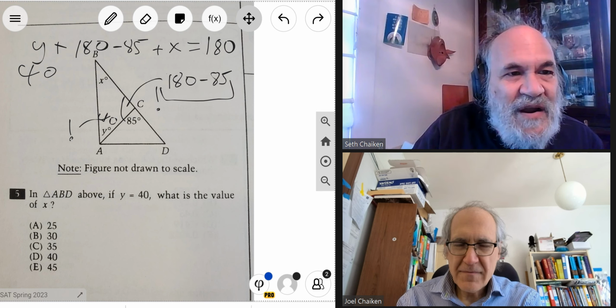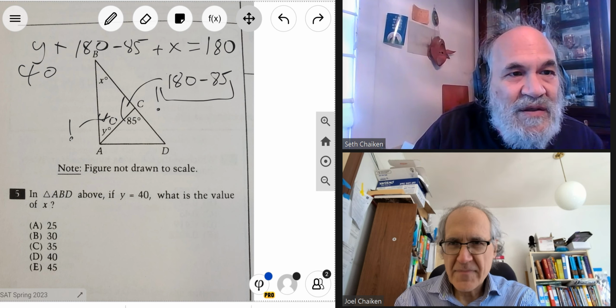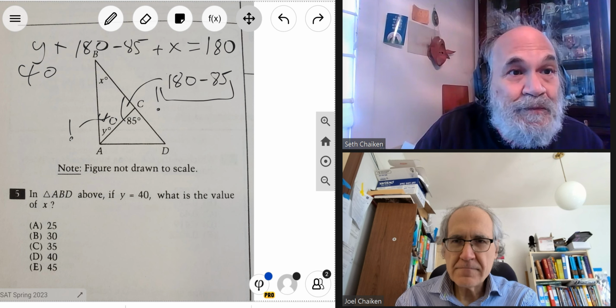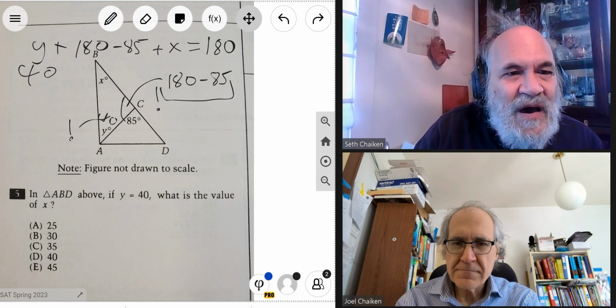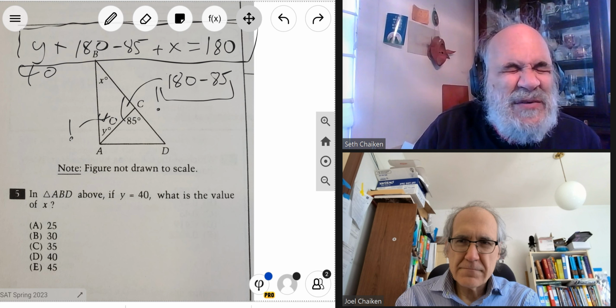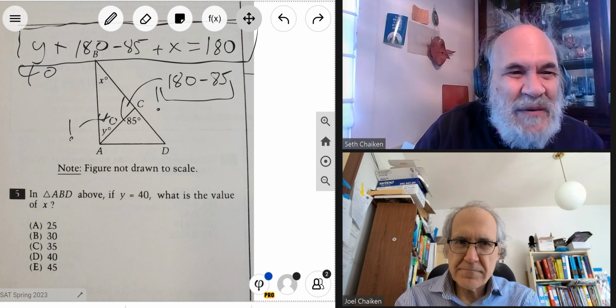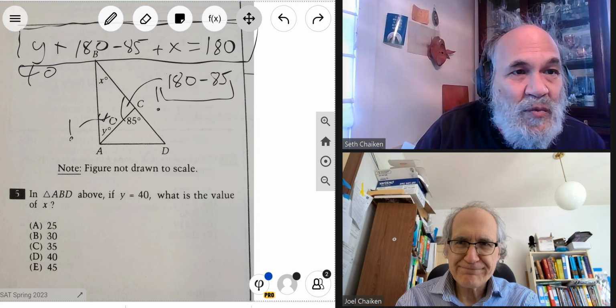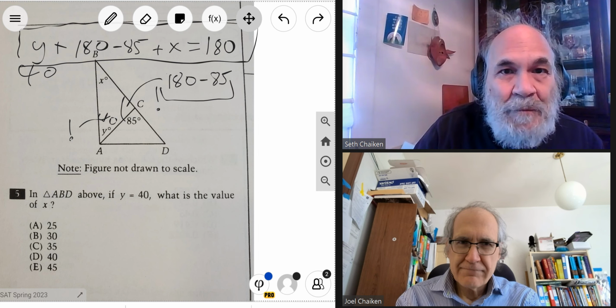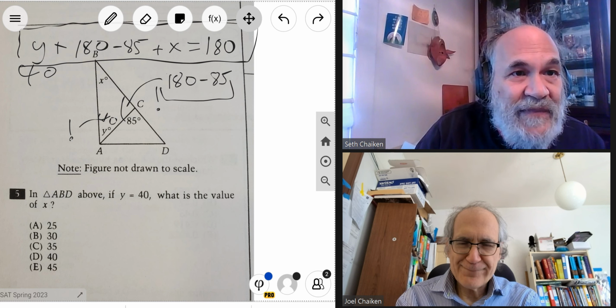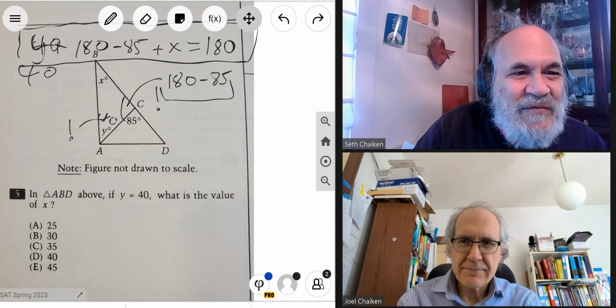Okay, now that I wrote the equation, I could now make the arithmetic easier by using laws of algebra. So, y is 40. Let's make that a 40.